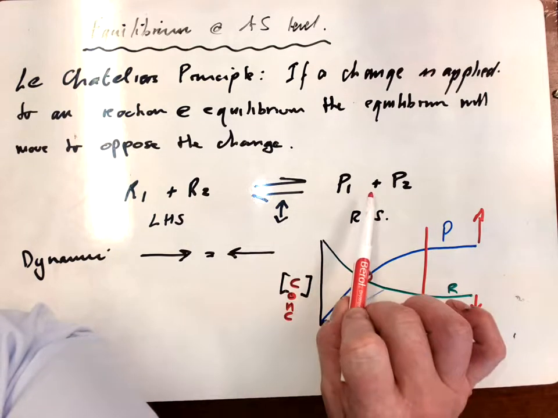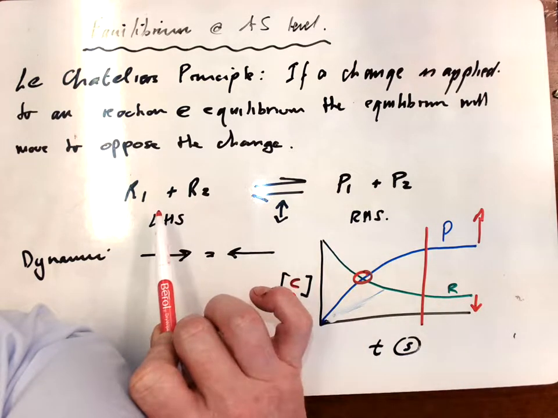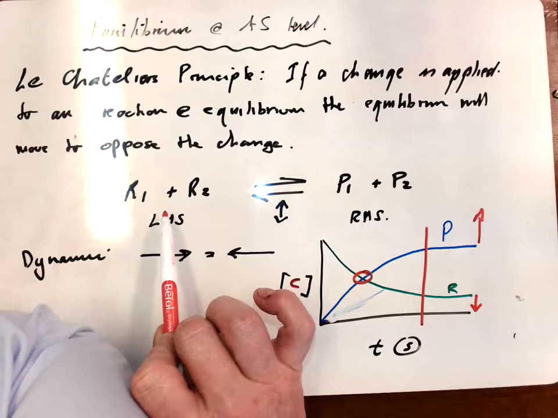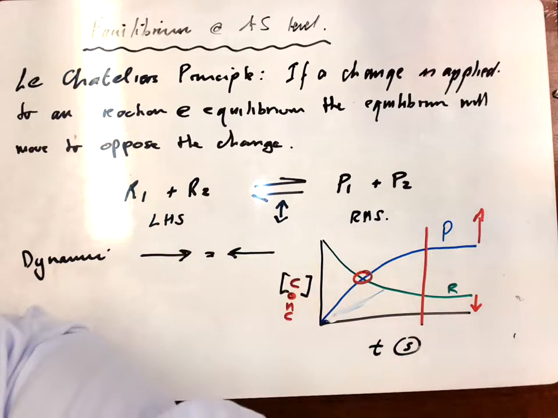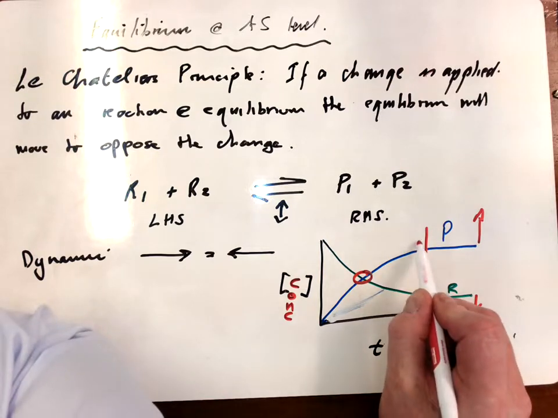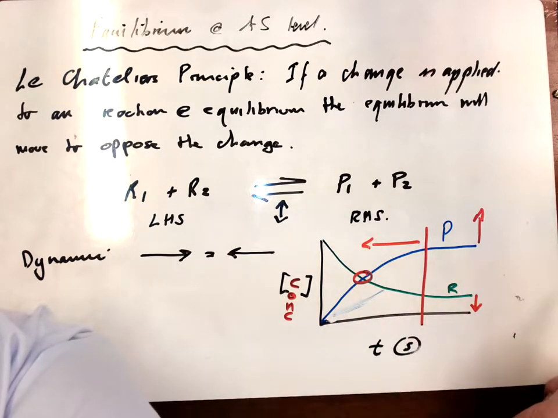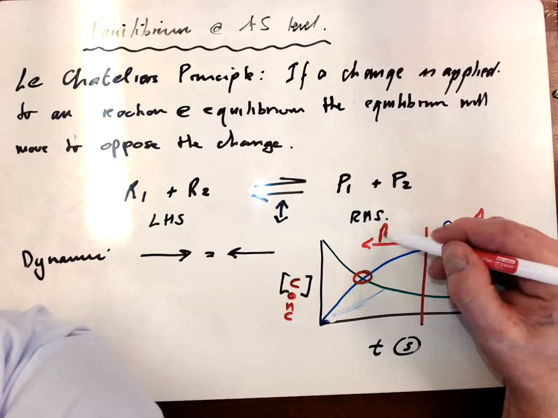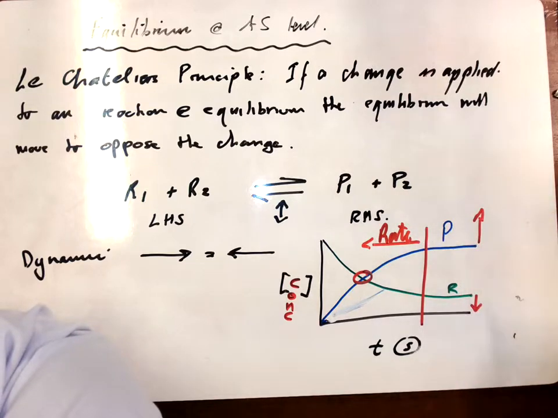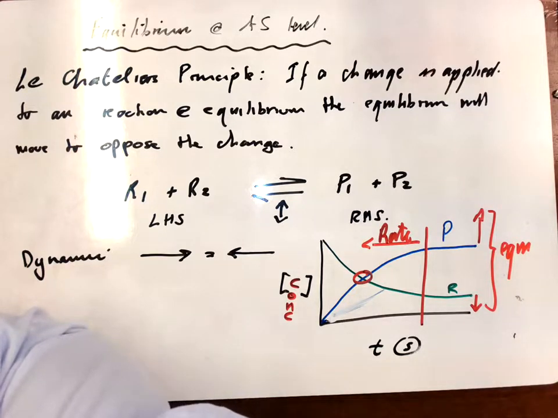So you've got more product that you can sell and less reactant that you've paid for left over at the end of the reaction. Also, what you would want to do as a chemist is move the red line back in that direction, for the simple reason that that means you get to dynamic equilibrium quicker, and that really is rate, and moving these lines up and down is altering the position of equilibrium.